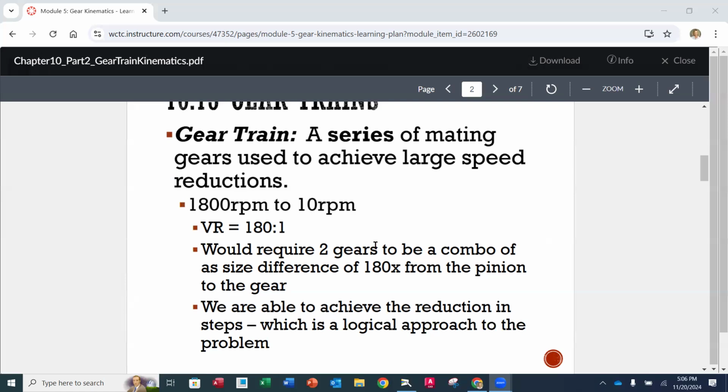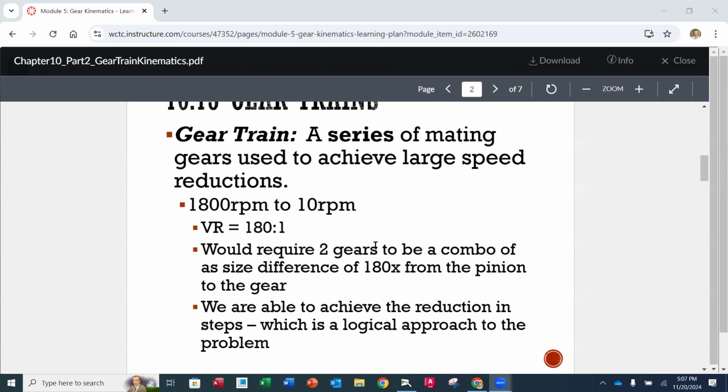That would mean that our velocity ratio in one set of gears would have to be 180 to 1. So, for instance, if we would have a 6-inch pinion coming off of our input, whatever we have as the gear, we would multiply that by 180, and that's how much larger that gear would be.